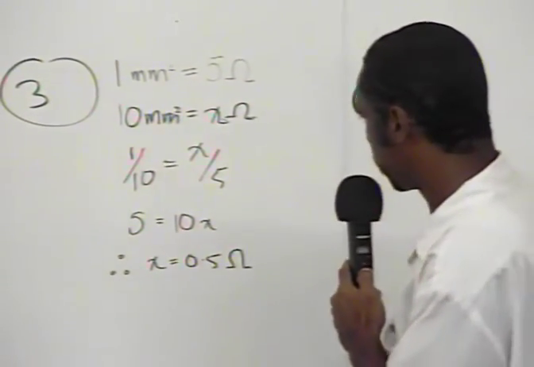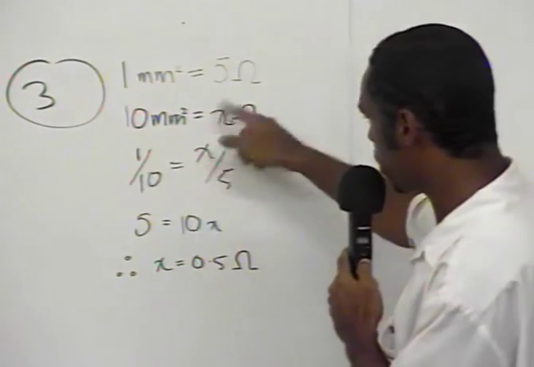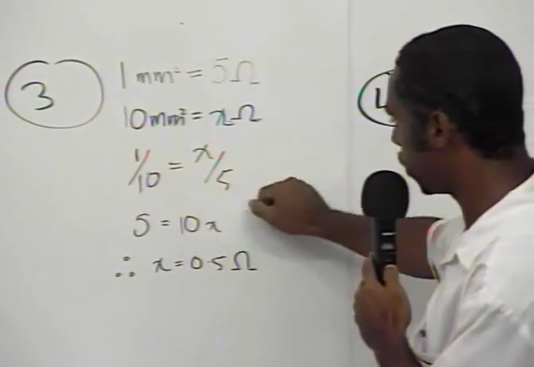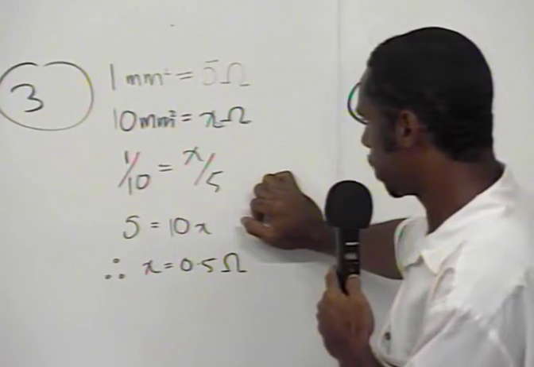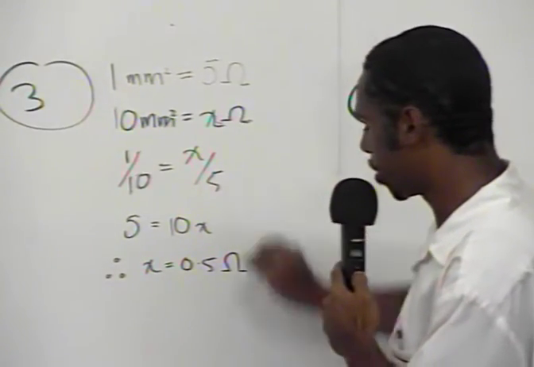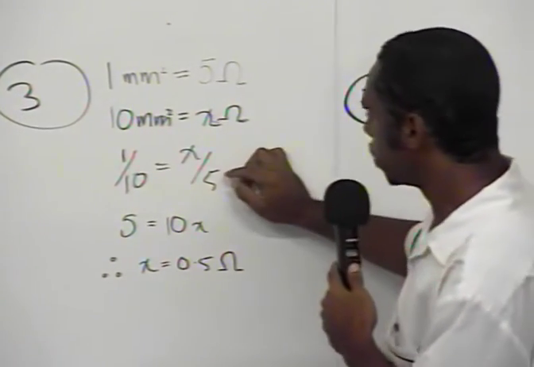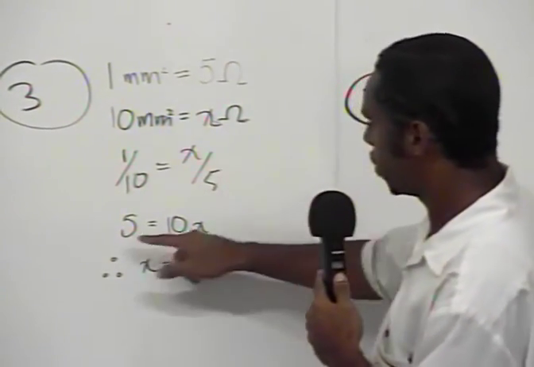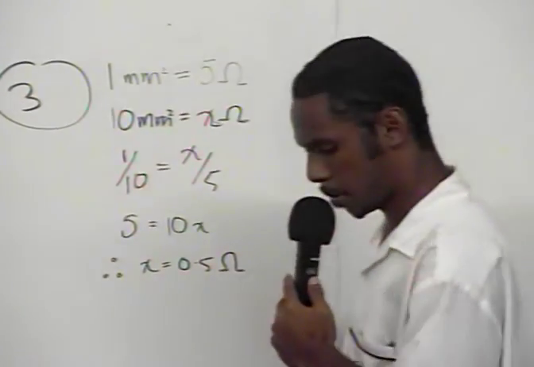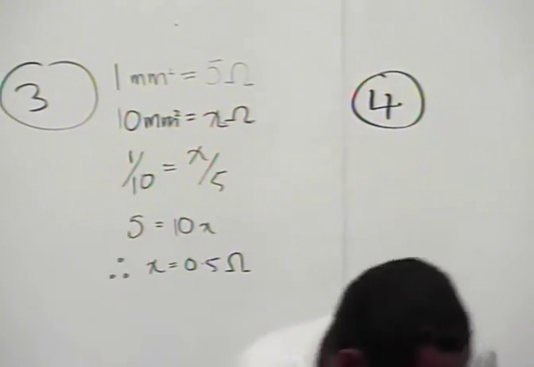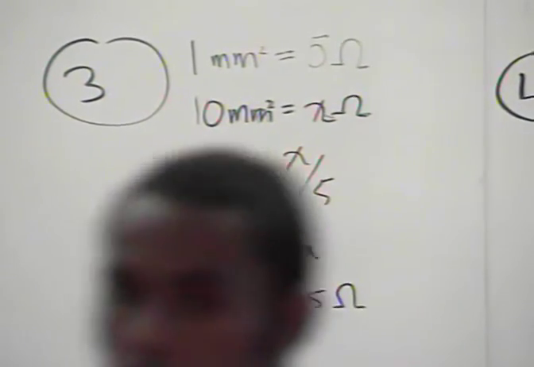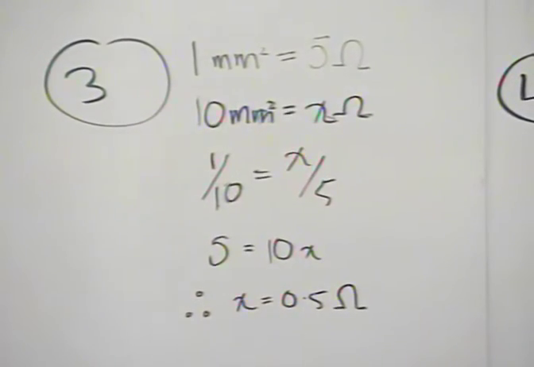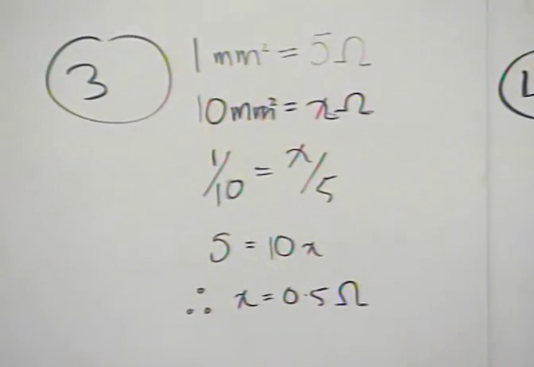So I put this in fraction form: 1 on 10 equals x on 5. Cross multiply. No, sorry, I don't cross multiply. Multiply across: 5 equals 10x. Therefore, x is equal to 0.5 ohm. We'll check the answers later. We'll have the last person to go through.